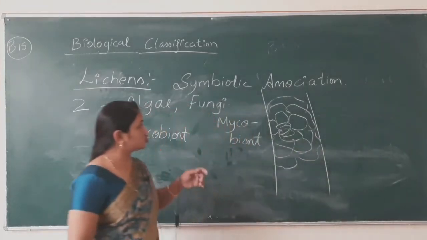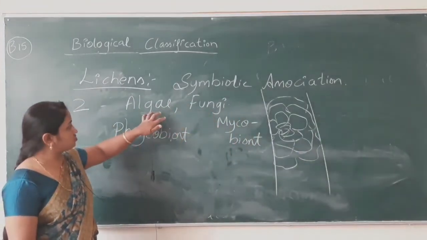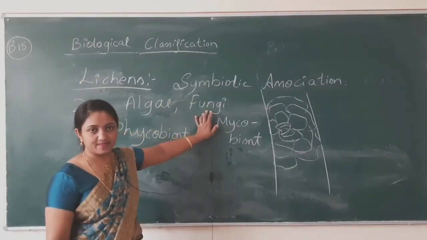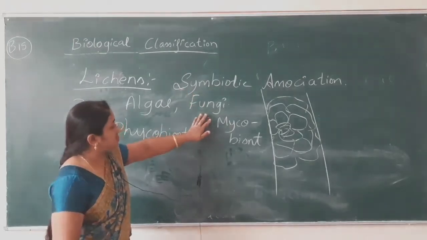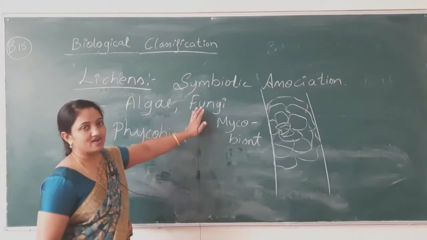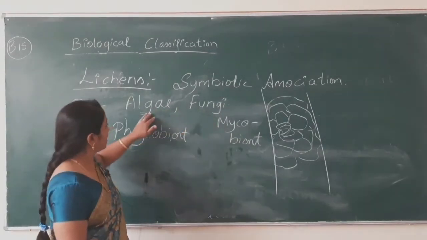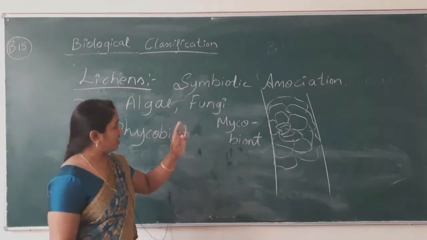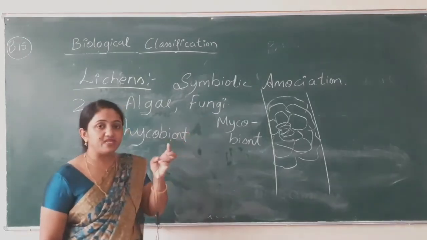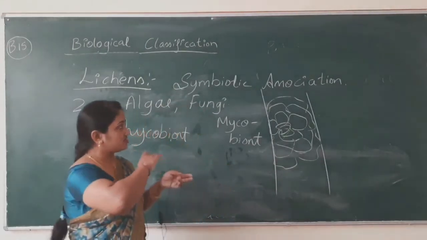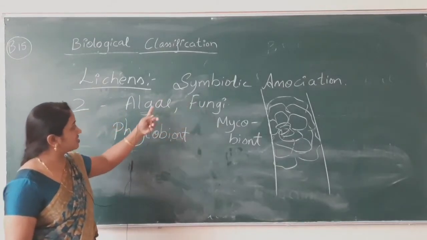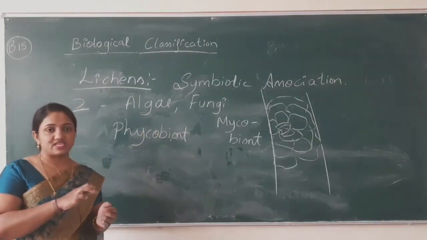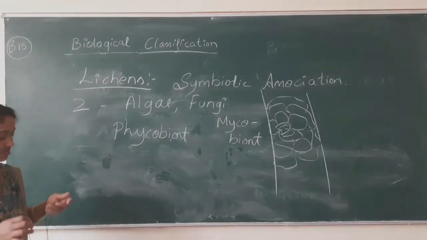What does the algae do for the fungi? The algae manufactures the food and supplies it to the fungi. In return, the fungi gives shelter and absorbs the mineral nutrients from the surface and supplies them to the algae. This is how they understand each other and live with each other.